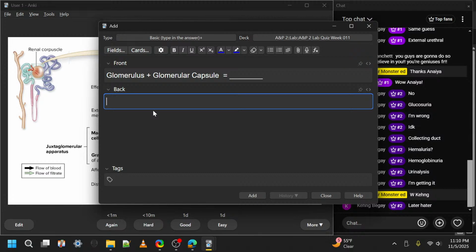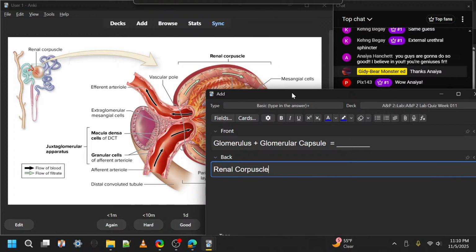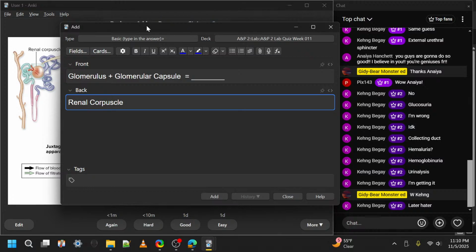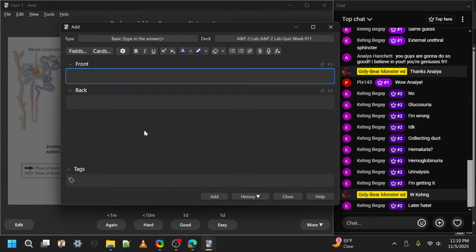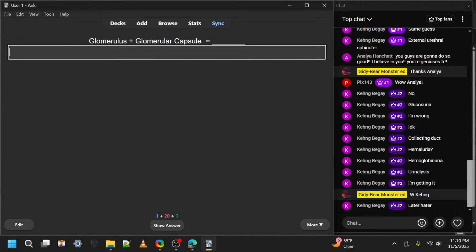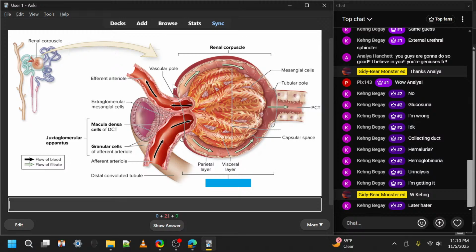And then the answer will be renal corpuscle. Because that's how you spell it, right? Corpuscle. Yeah. Add it. Nice. Alright, glomerulus plus glomerular capsule equals renal corpuscle. Renal corpuscle.